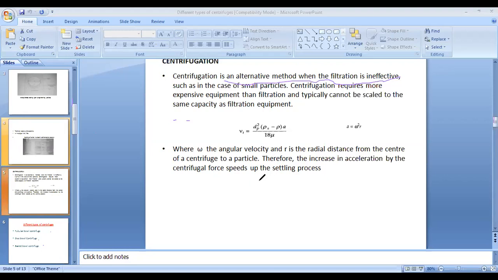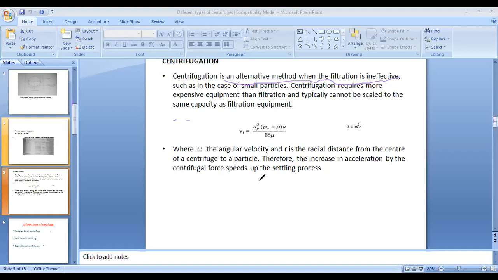So the density difference between particle and fluid will be more, and the terminal velocity is affected. Because of that, with less time we can separate the particle with the help of centrifugation. That means we can reduce the energy requirement for separation by centrifugation.